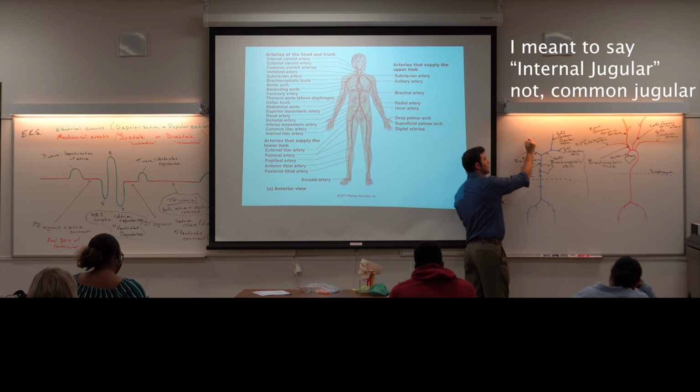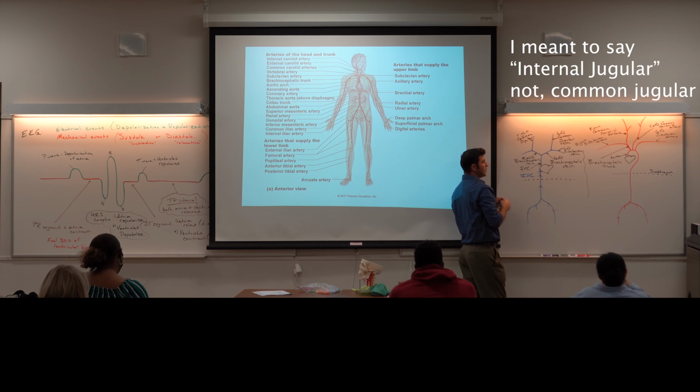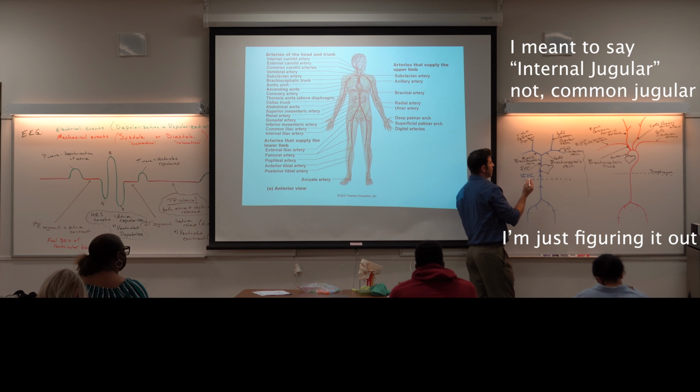And obviously over here, this would be our right jugular, right common jugular. And if we followed these jugulars up, we would see them split as well. Let me label this right subclavian vein.